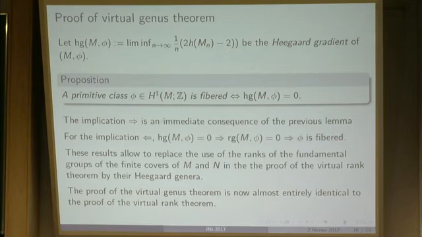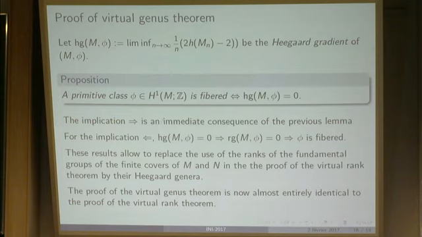Either you use the original proof of Lackenby, or it follows from the fact that the Heegaard genus is bigger or equal to the rank. So if the Heegaard gradient is 0, the rank gradient is 0, and we know that the class must be fibered. Having that, you follow the same proof, and it gives you the result with Heegaard genus.